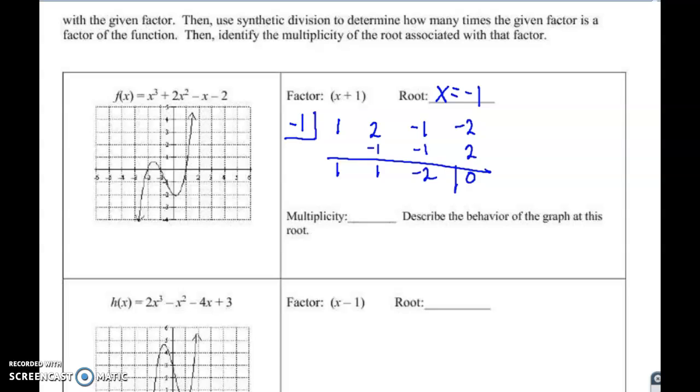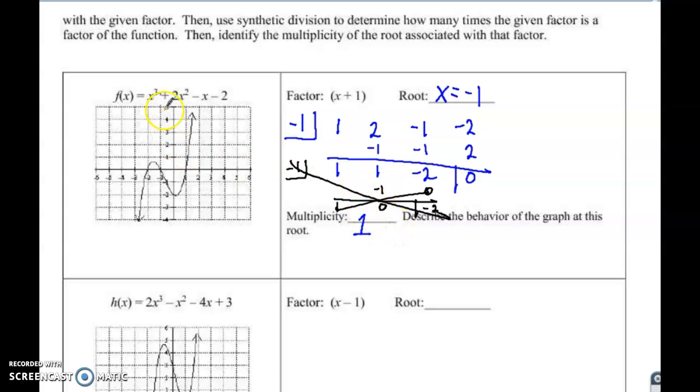And if I try to do this one more time, so I'm just going to switch colors, what you'll notice is it doesn't give me a remainder of 0. So this was a waste of time. So x equals negative 1 is only a factor once. It has a multiplicity of 1.